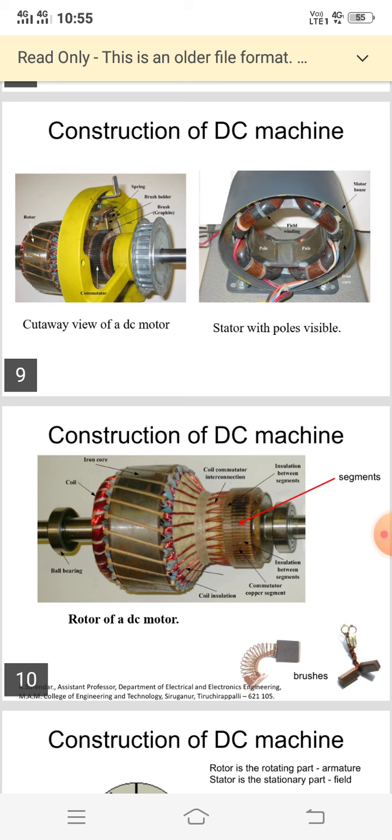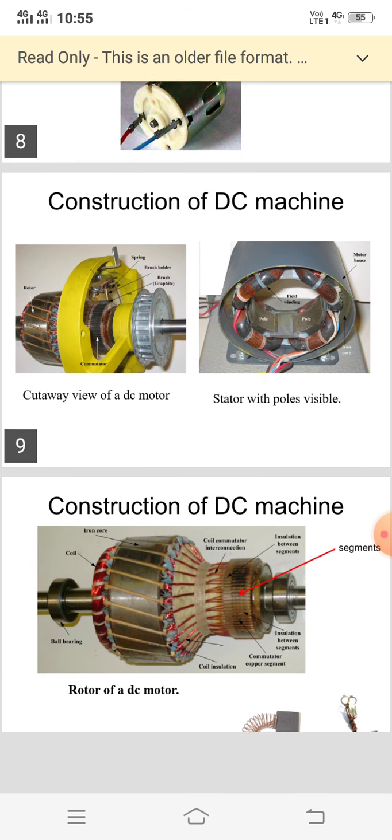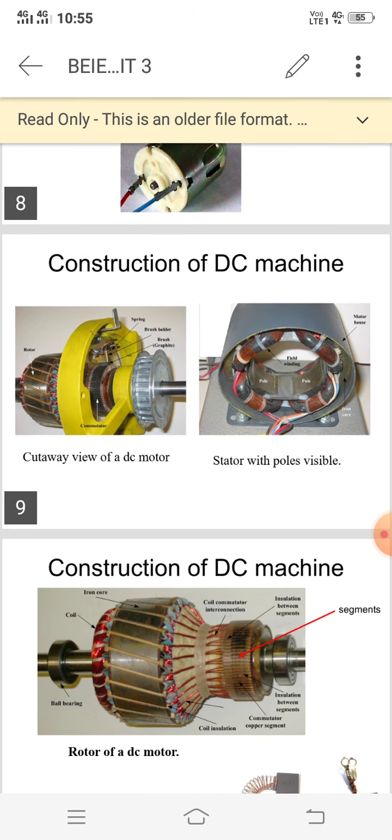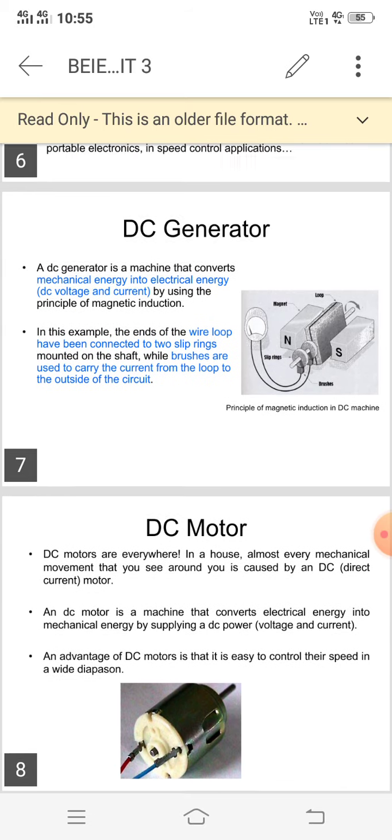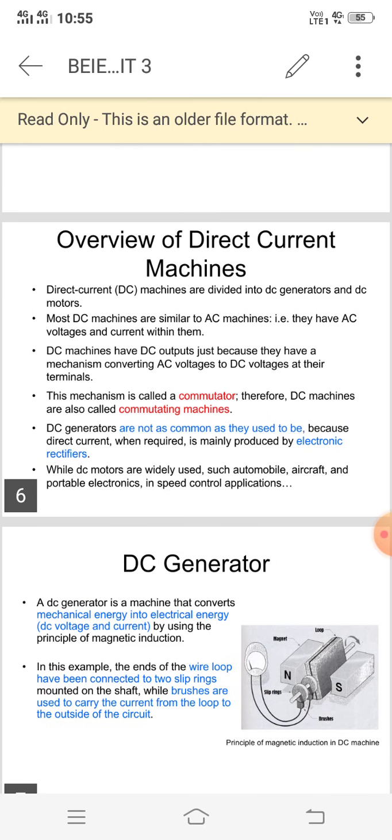So many features are connected across this rotor machine. This rotor of a DC motor will sit within the stator with poles visible. This is DC machine construction.